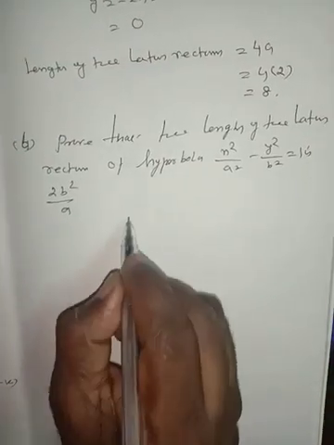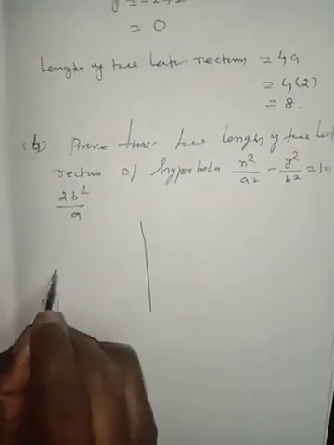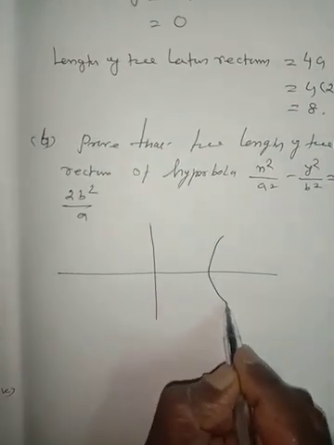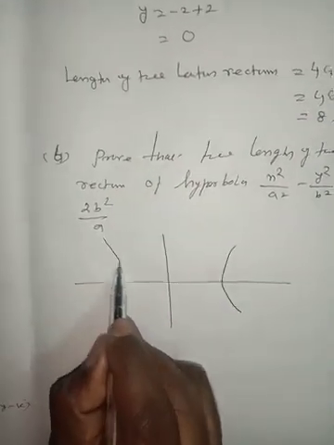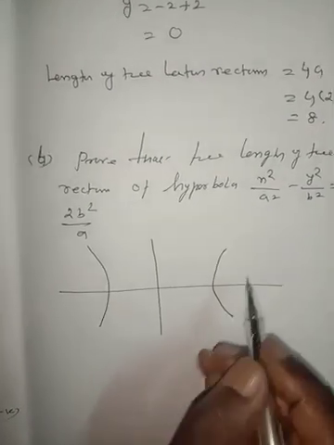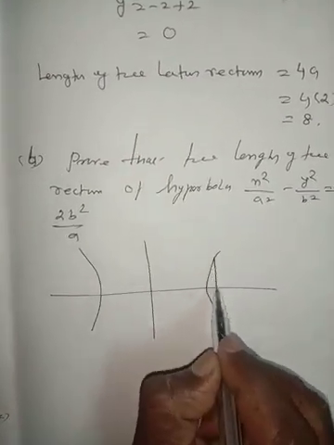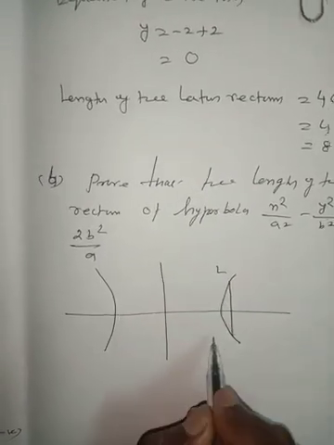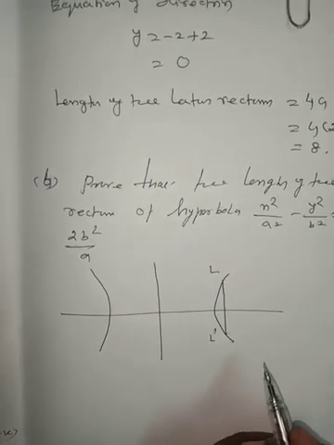First we have to draw a hyperbola. This is L, this is L dash.